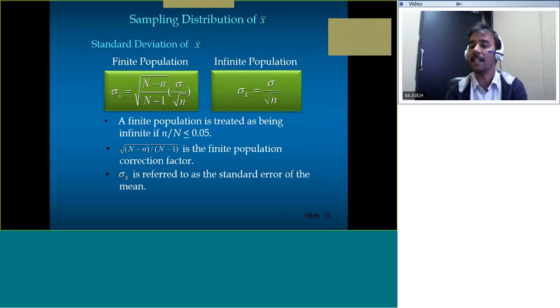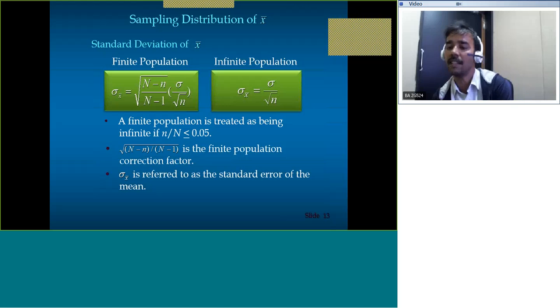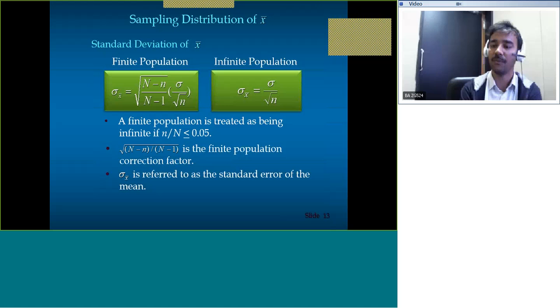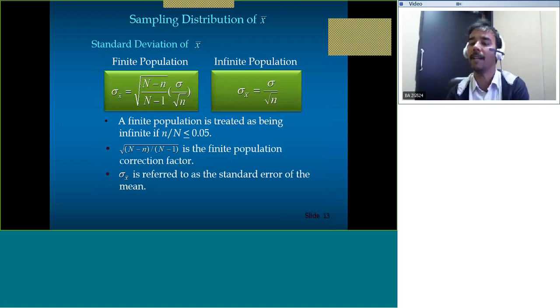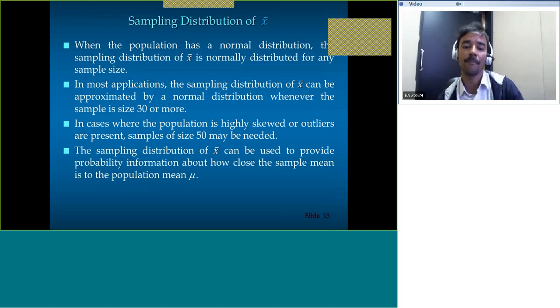A finite population can be treated as infinite by the universal measure that small n by capital N is less than or equal to 0.05. When small n by capital N is very small, the term square root of (N minus n) by (N minus 1), which we call the finite population correction factor, becomes 1 and the formulas become identical. Sometimes the standard deviation of x bar is also known as the standard error of x bar.